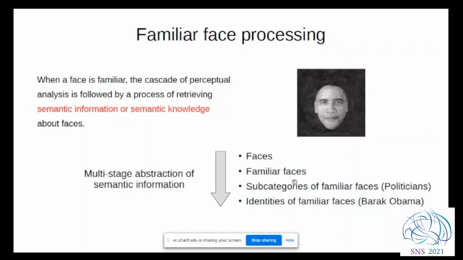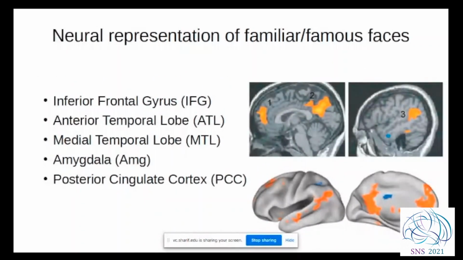I will come back to this slide, but let me say a little bit about the neural substrates of familiar or famous face processing. Familiar faces are processed in a distributed network of cortical and subcortical areas. These regions include the inferior frontal gyrus, anterior temporal lobe, medial temporal lobe, amygdala, and posterior cingulate cortex.